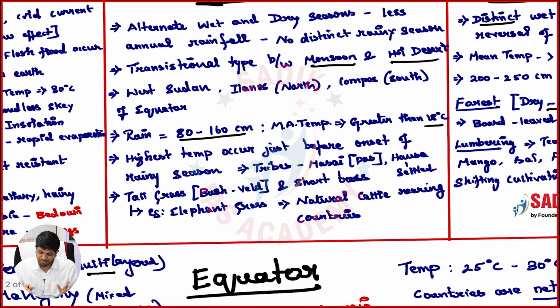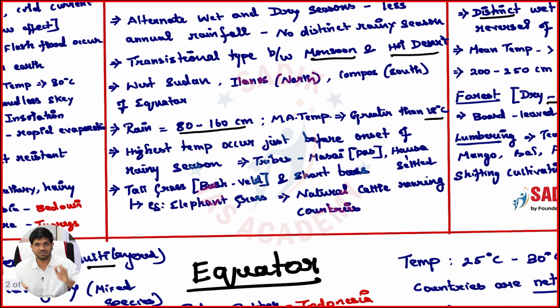And the highest temperature occurs not during the summer season but just before the onset of the rainy season. Famous tribes in these areas are the Maasai tribes, and they are pastoralists.